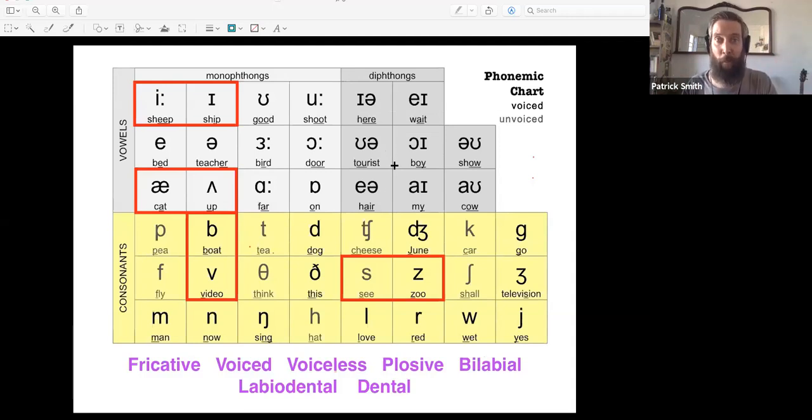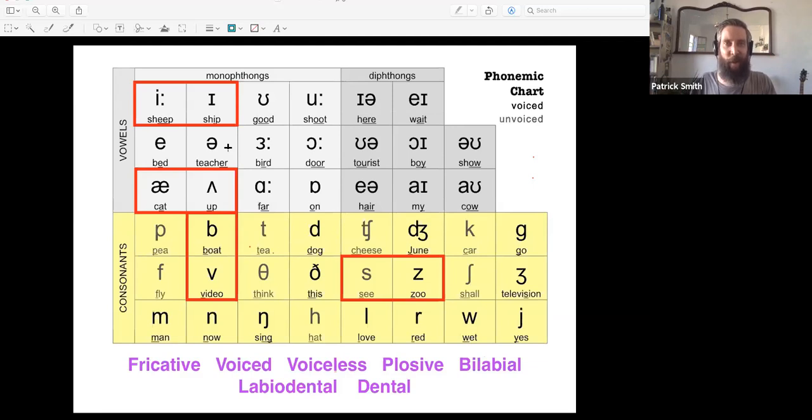You'll notice that all the diphthongs have two symbols together, because they're composed of two sounds, two phonemes, squashed together. And that's what makes them diphthongs. The monophthongs, on the other hand, just have one symbol. And some of them also have these two dots. Now, what do these two dots mean?